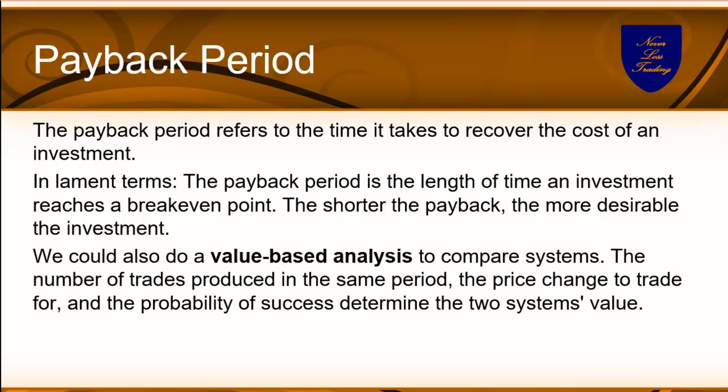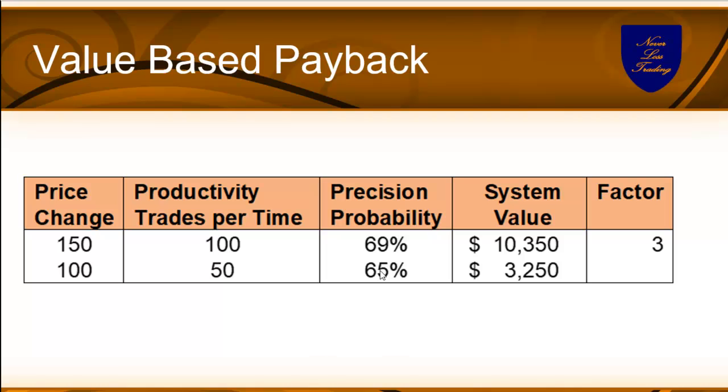Now value-based analysis, so we'll compare. We compare what we trade for, how often we do that, what the probability is of winning, and the opposite, the probability of losing. Let's do a little calculation together. We compare two systems here, with a probability of 69% of winning and 65% of winning, but also a difference in how many trades we have. Here we see 100 trades in the period that we observed, and 50, and what we trade for: how far a distance of a price move can we project, 150 to 100.